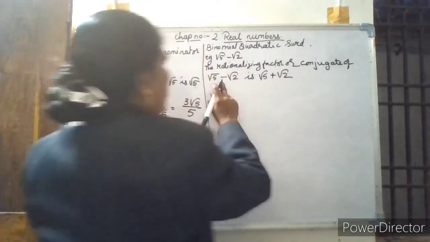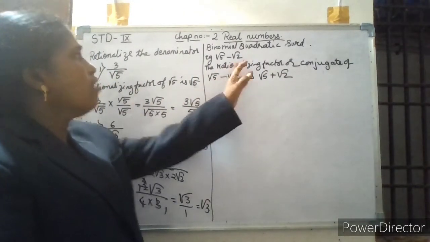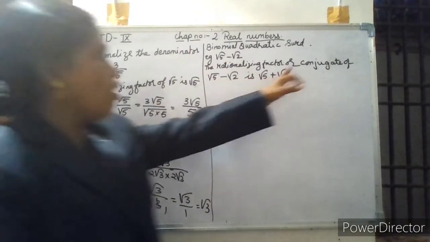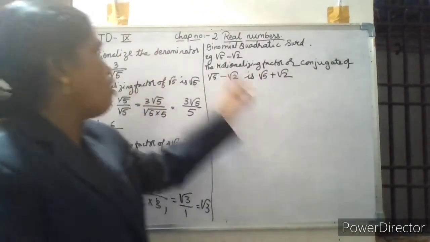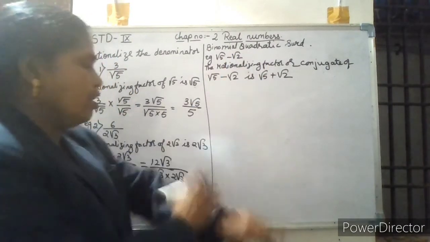Only the sign will change. This way we get the rationalizing factor, also called the conjugate, of the binomial quadratic surd. This is an example of a binomial quadratic surd.